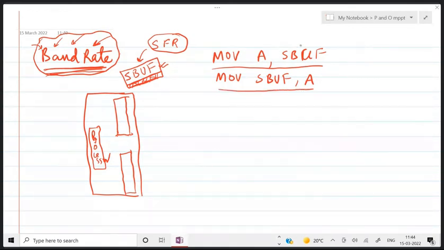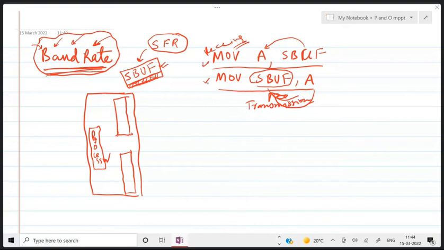In one instruction, the content of SBUF is copied in A. That means it is for receiving purpose. While in the second instruction, sorry, the content of A is copied to SBUF. That means it is for transmission. I hope you can appreciate the difference between the two instructions.